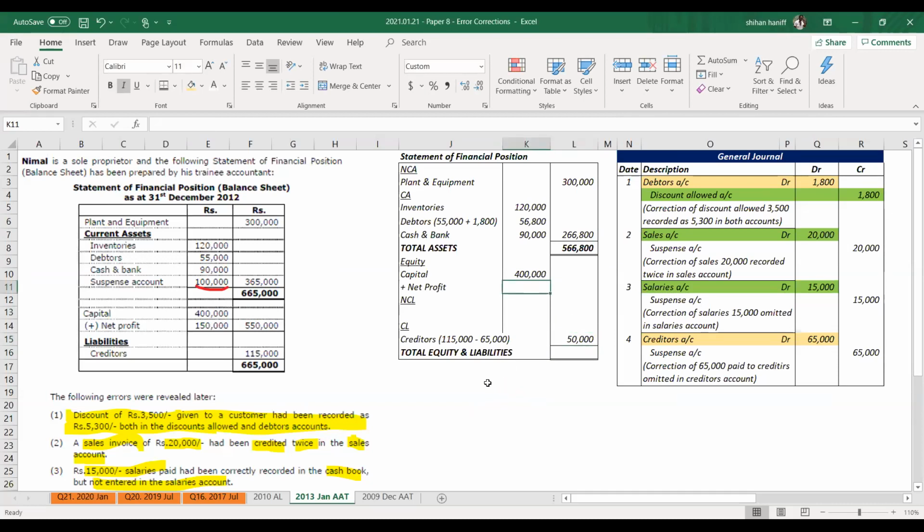Now the net profit. So what will happen to the net profit? What we can do is prepare a statement of adjusted net profit.